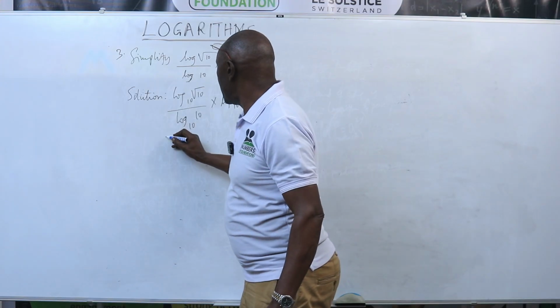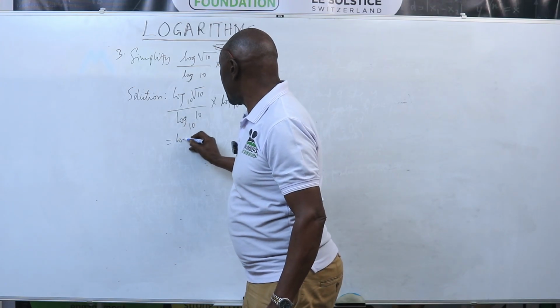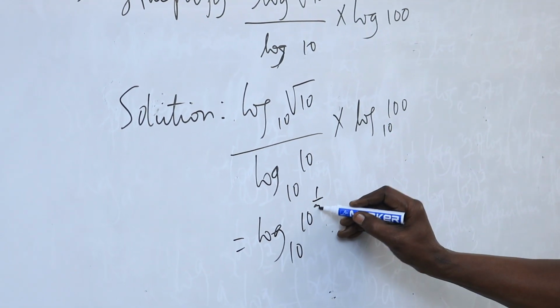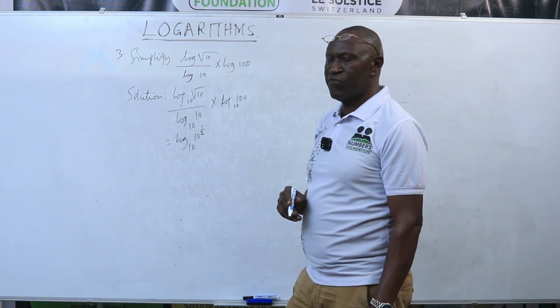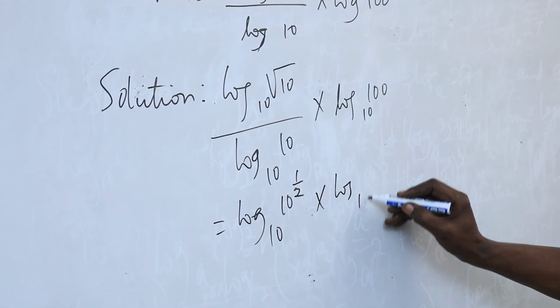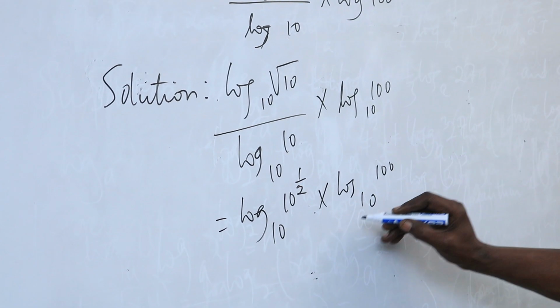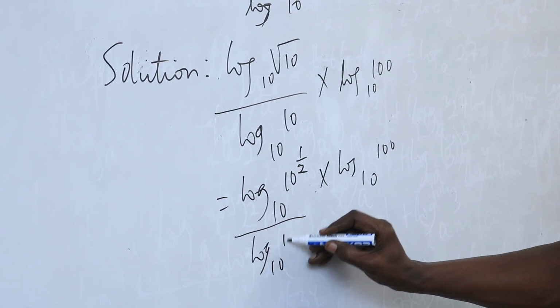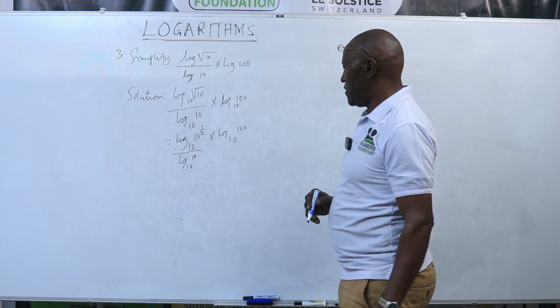And this one goes into logarithm 10 exponent a half using the law of logarithm of roots, times log 100 over log 10 base 10.